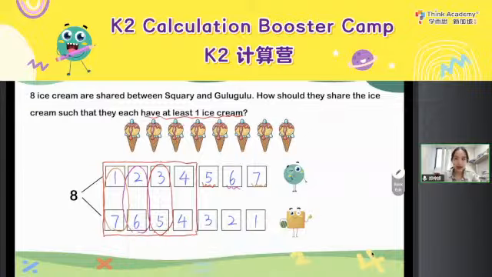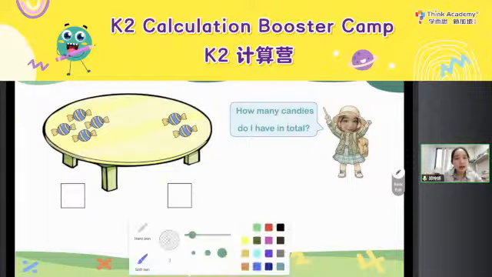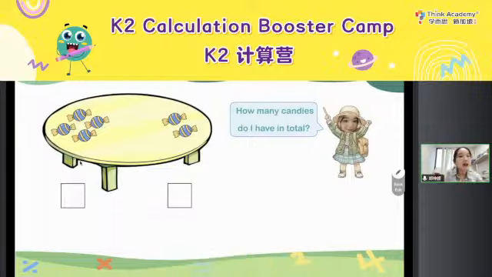Then, now, let's continue. Wow. So still, I will say, after the party, I still get some candies left. Can you tell me how many candies do I have in total to enjoy all these candies by myself? So now, from left to right, how many candies are there on the left?